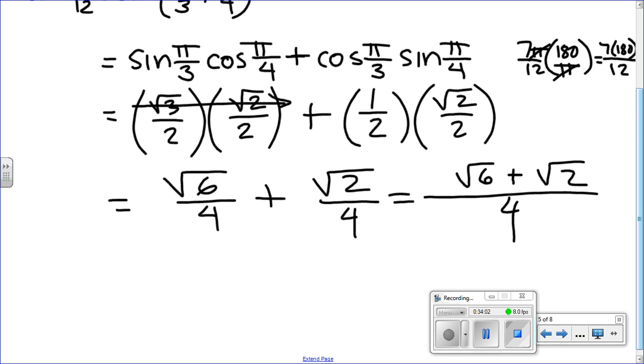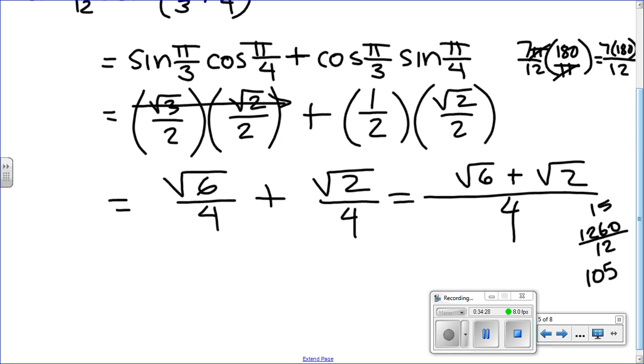Come on. 7 times 180 divided by 12. 1260. Oh, wait. Over 12? Well, yeah, over 12. Oh, well, it will be 15, isn't it? No, like 105. This divided by 12 is 105?